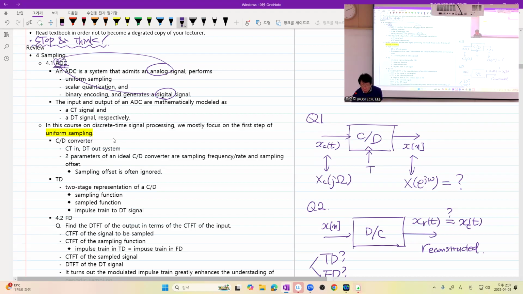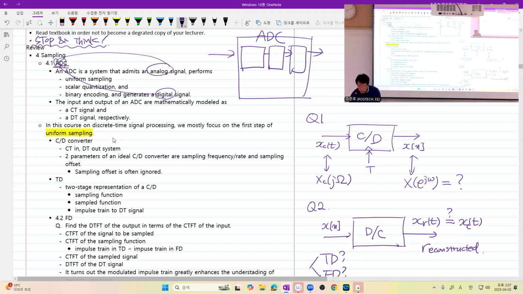So we assume that inside the A to D converter, ADC or A/D sometimes, let me just use ADC, we first have a sampler or uniform sampler, and we have a quantizer or uniform scalar quantizer, and an encoder or binary encoder.